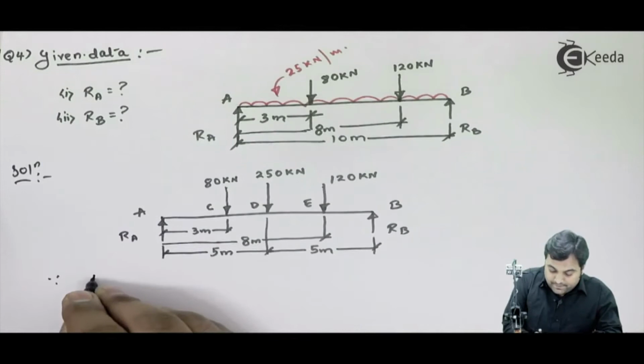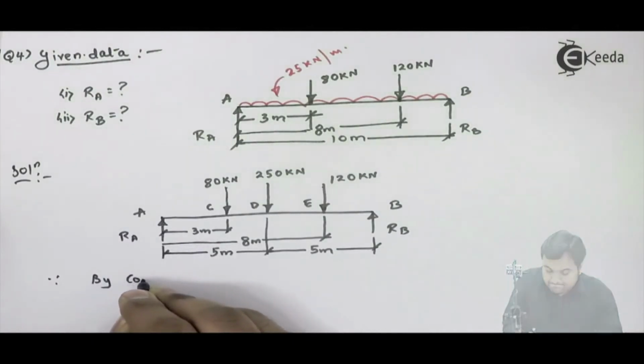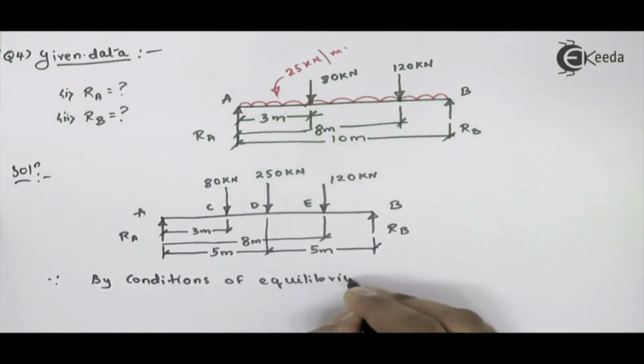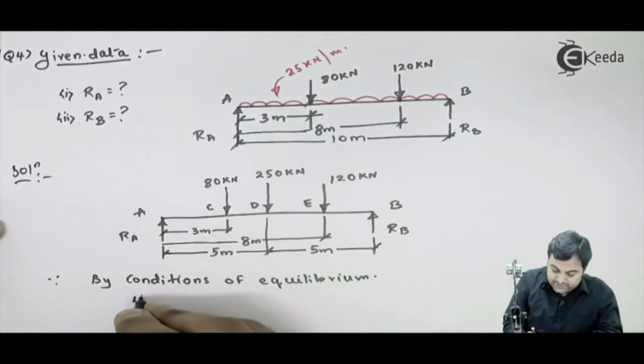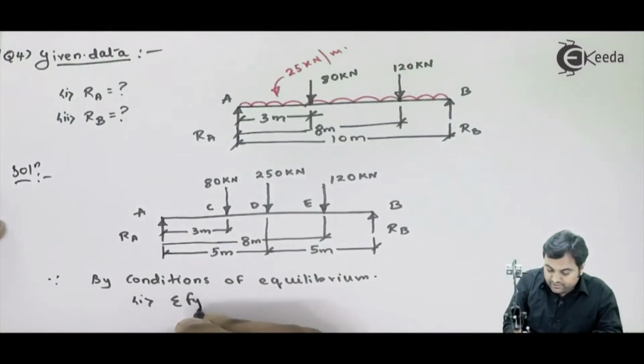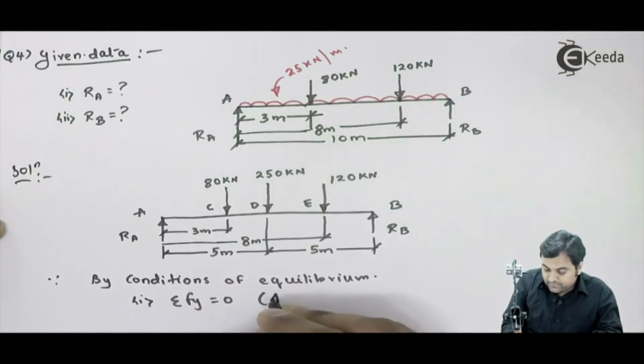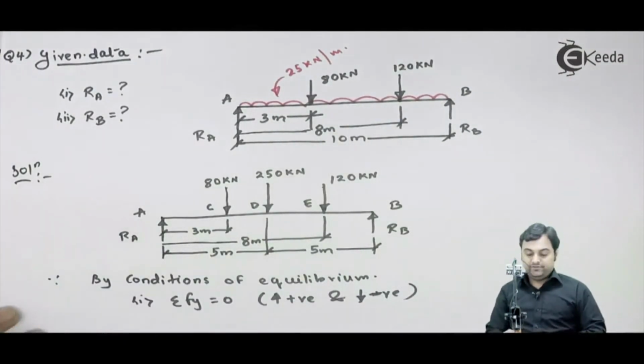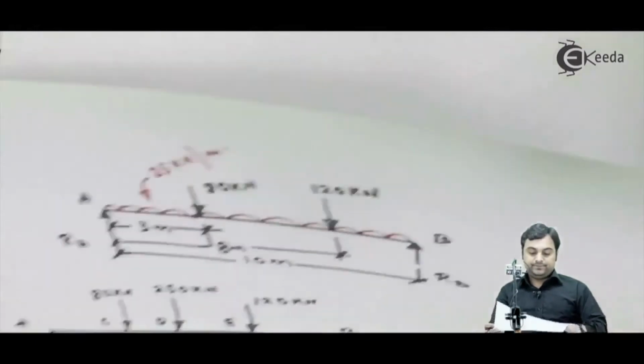Since by conditions of equilibrium, the first one is summation of Fy is equal to 0. Upward force is positive, downward force is negative.